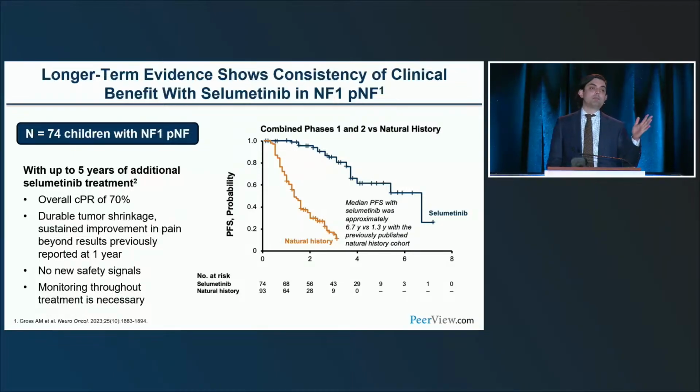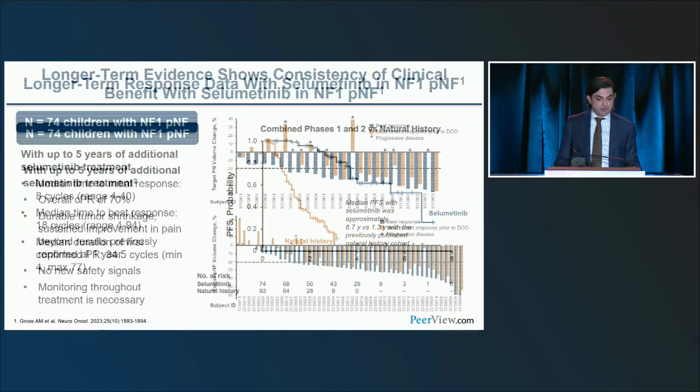But they also saw that some patients that had been tolerating it pretty well for a couple of years, 3, 4 years, started developing symptoms or side effects then, which tells us that even if a patient is doing really well on therapy for 3 or 4 years, that doesn't mean that we can relax in terms of our monitoring, that we need to keep a close eye on them. So no new safety signals, but you definitely need to continue monitoring these patients.